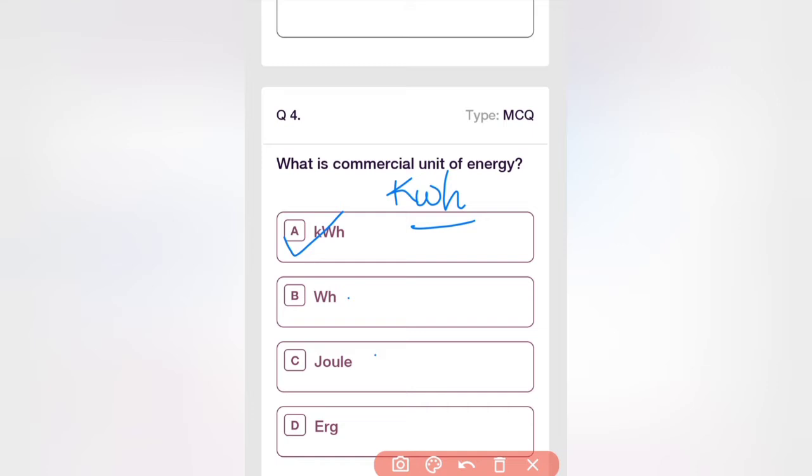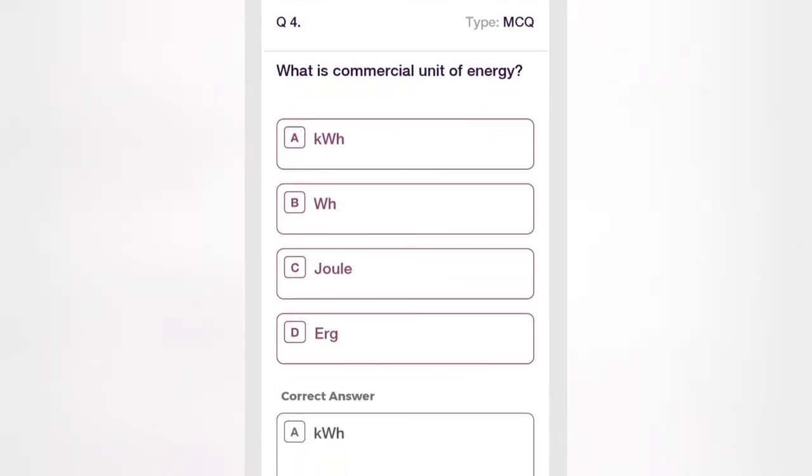Watt hour is a smaller unit of energy, and erg is also a unit of energy, but the commercial unit of energy is only kilowatt hour. The correct answer would be option A.